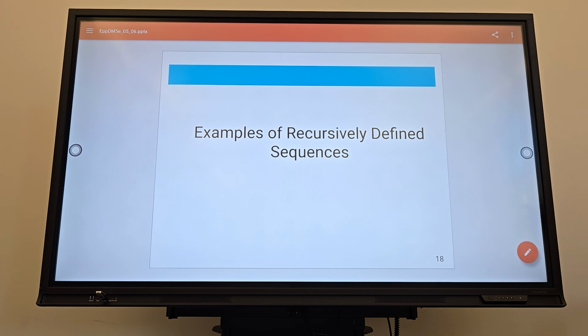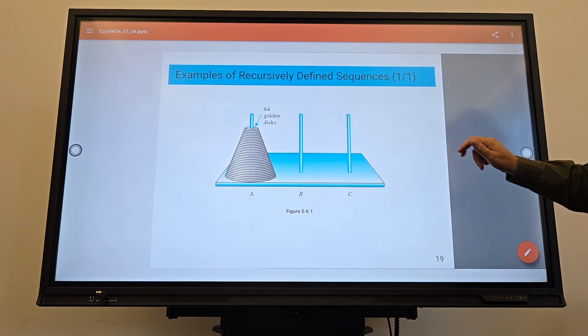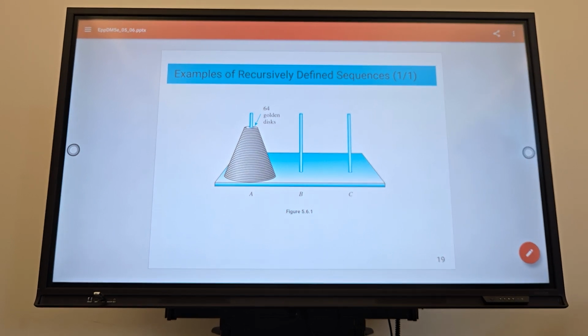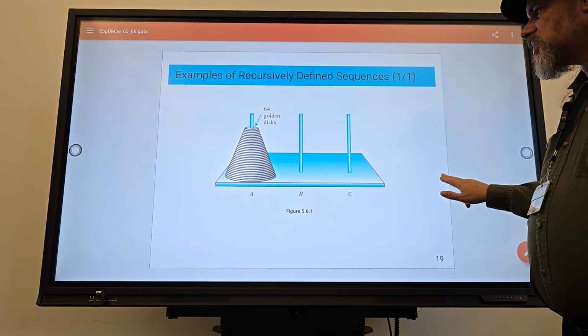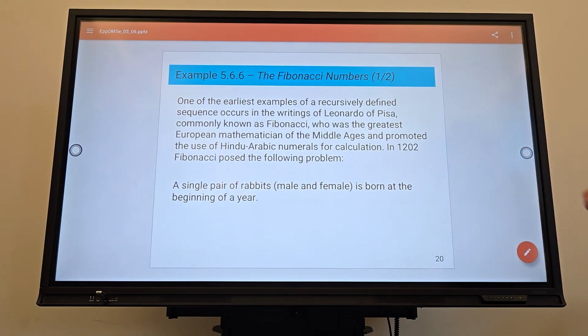Examples of recursively defined sequences. Just kind of a random slide in here. The Towers of Hanoi game problem? That's what they're showing here, but they're going to revisit that a little bit later. It seems out of place.